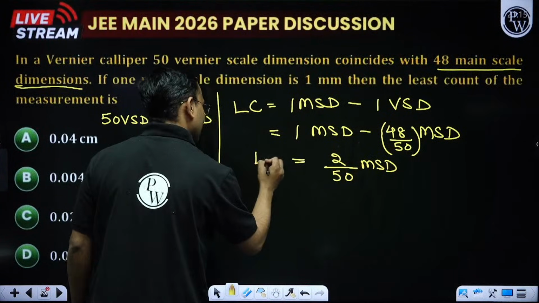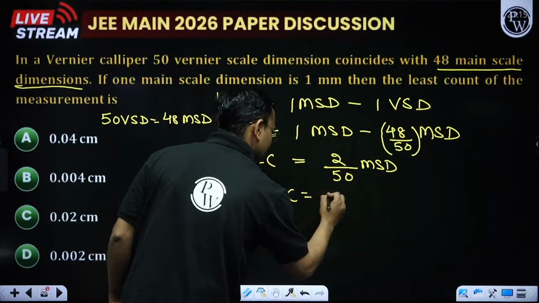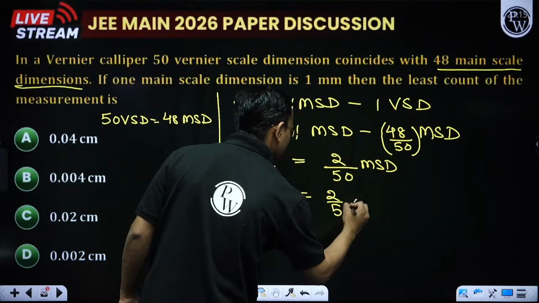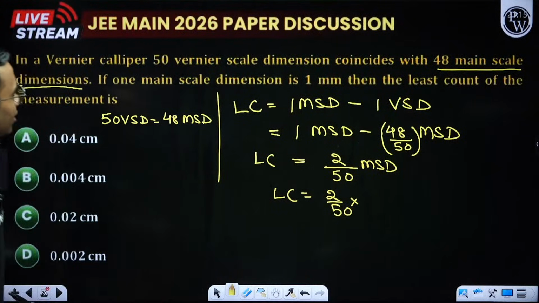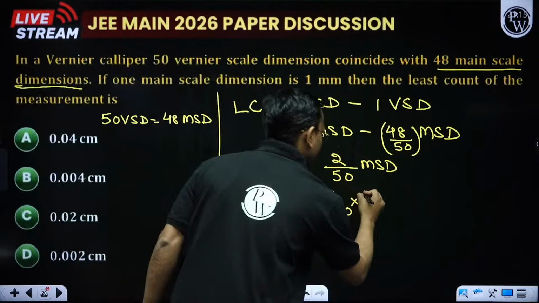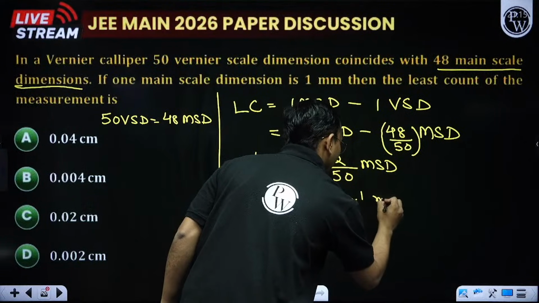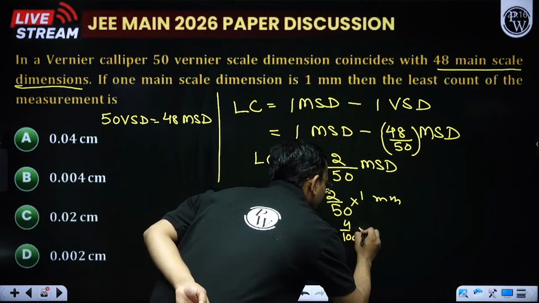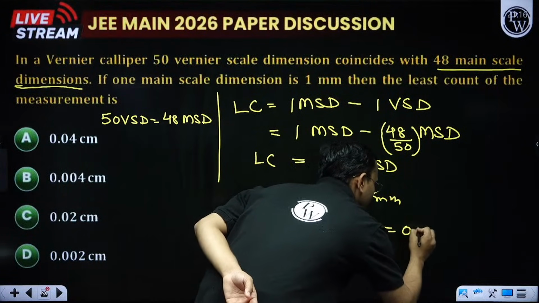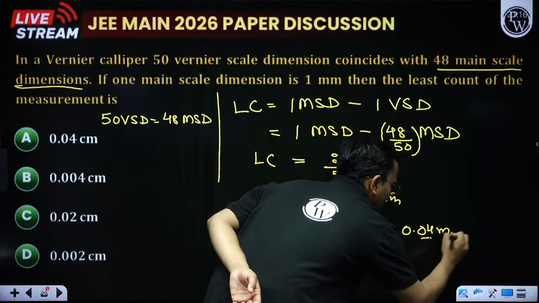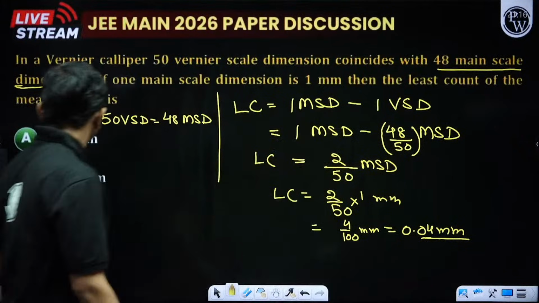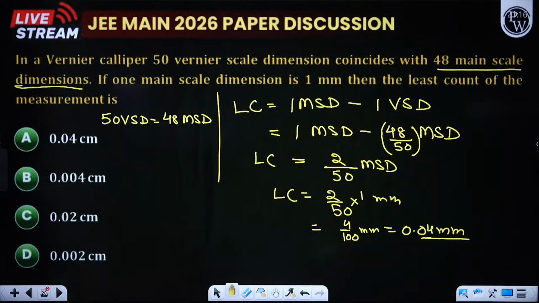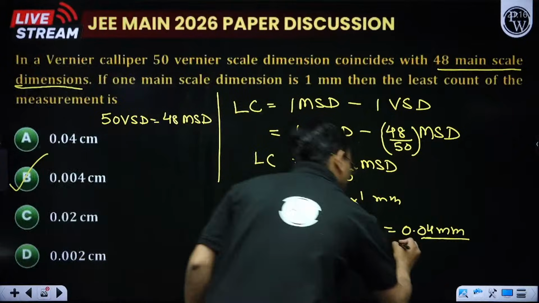This is my least count. What is MSD? Now see in the question, what is MSD? 1 mm. So into 1 mm. So this becomes 4 by 100 mm. So this is 0.04 mm. The options are in centimeter. So convert that to centimeter. So 0.004 centimeter.